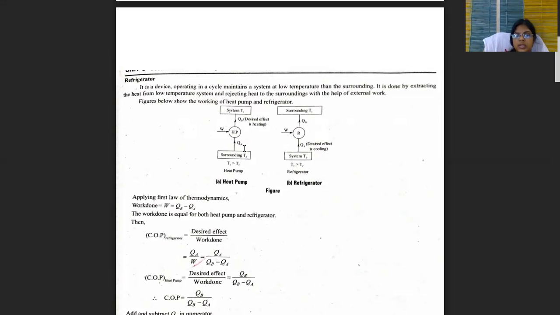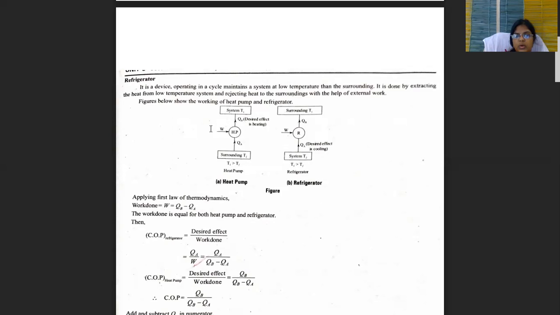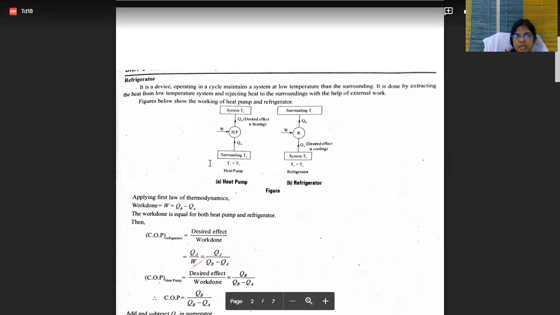When we supply an amount of work done to the heat pump, it maintains the system at a higher temperature than the surroundings. That is the whole procedure we call a heat pump.